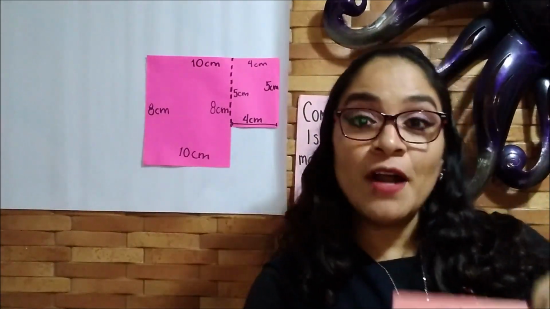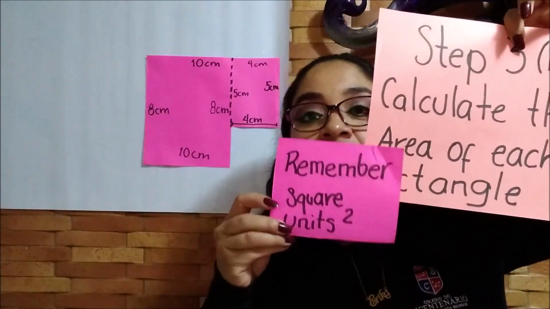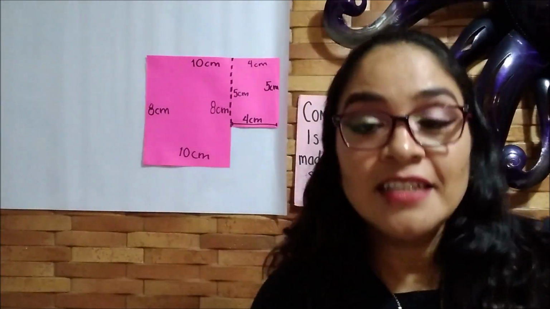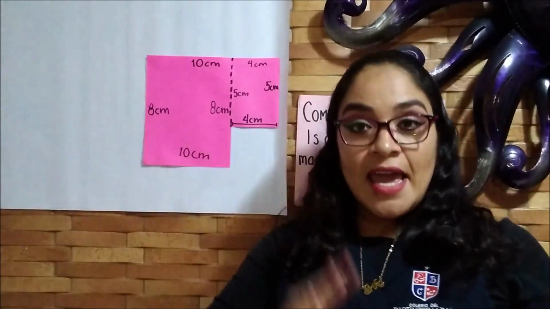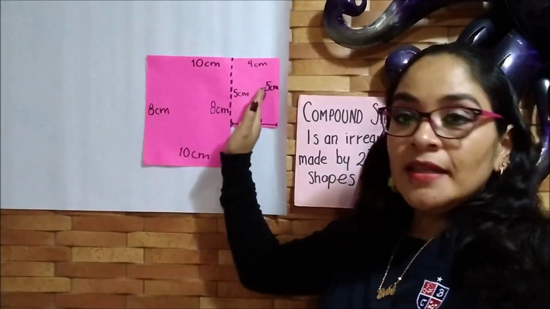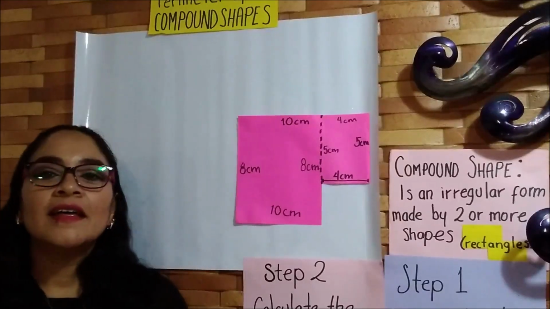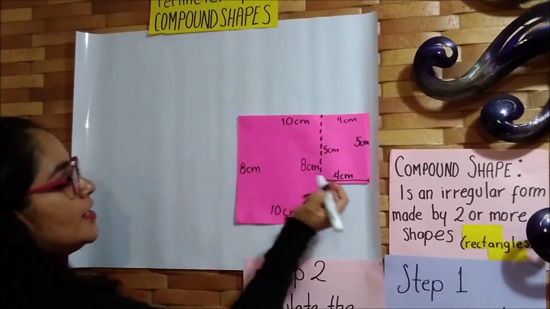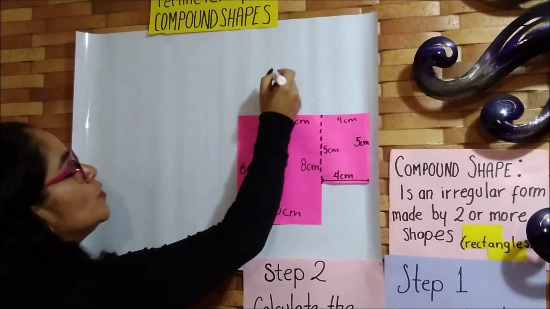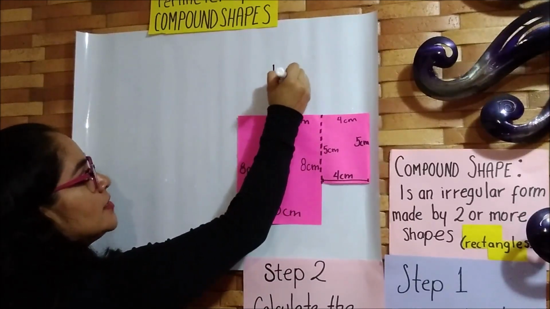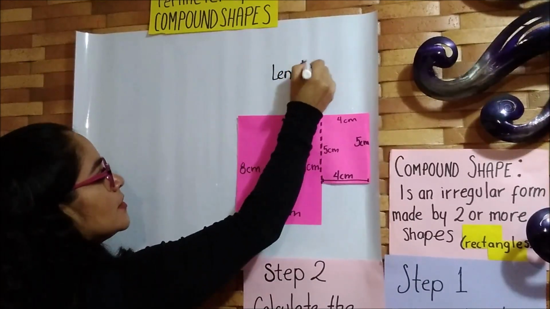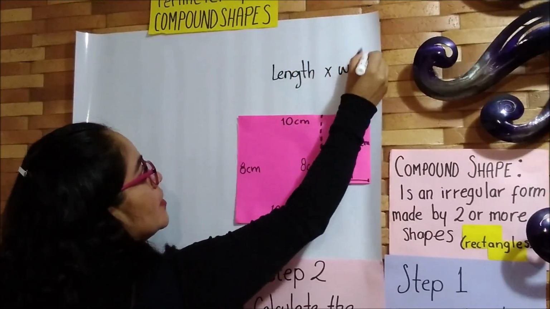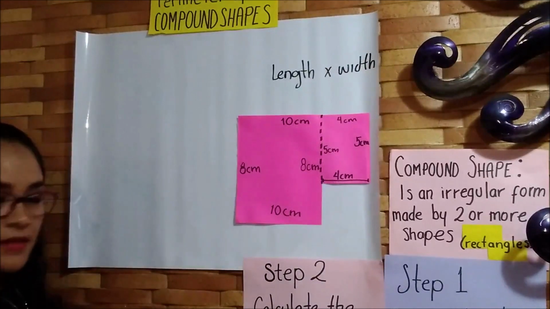Remember, for area, we need to write square units and, well, let's start calculating area of the shape 1 and the shape 2. So what was my formula to calculate the area? We're going to multiply the length by the width.